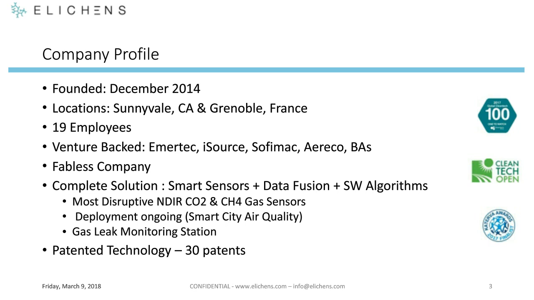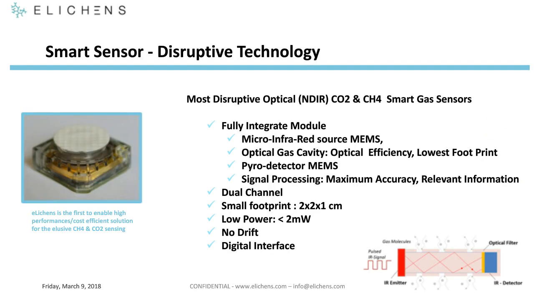So next slide, what is our sensor, which is really the IP behind it and some of the things we're doing. It is the most disruptive NDIR CO2 and CH4 smart sensor. It has our integrated MEMS structure inside infrared, which integrates also our cavity, that is our patented design, along with some signal processing that allows us to really get very high efficiency, accuracy, and one of the lowest footprints for such sensors in the market.